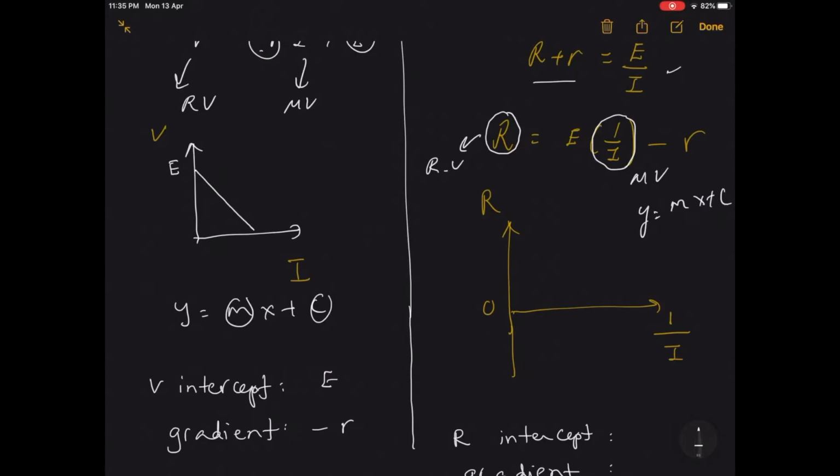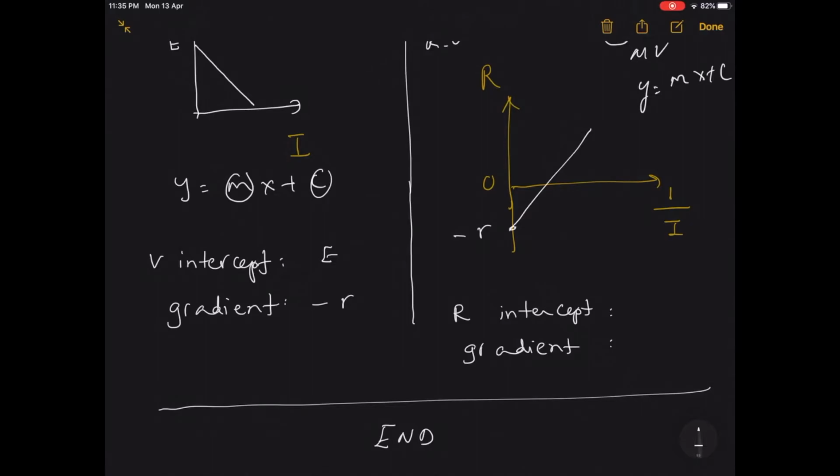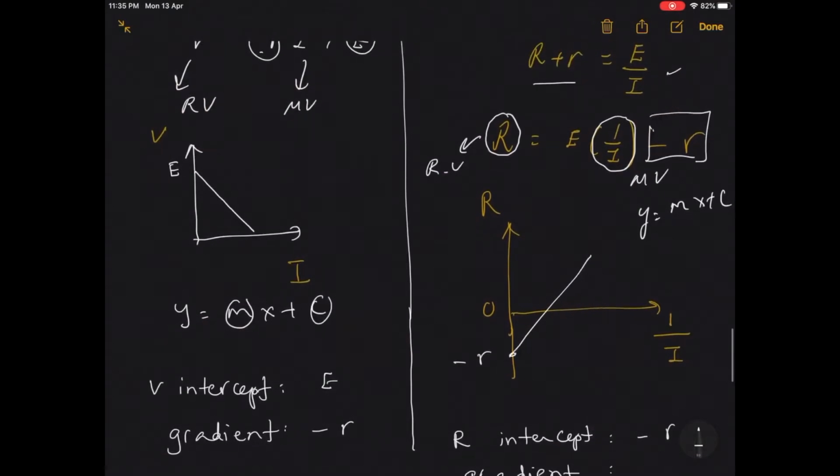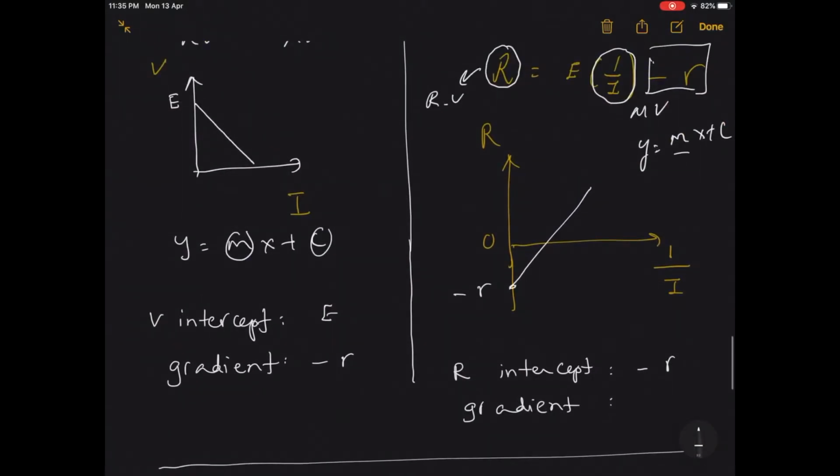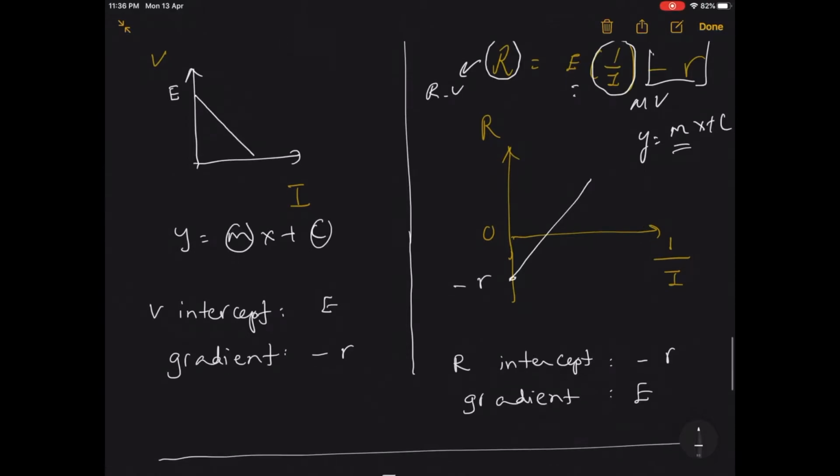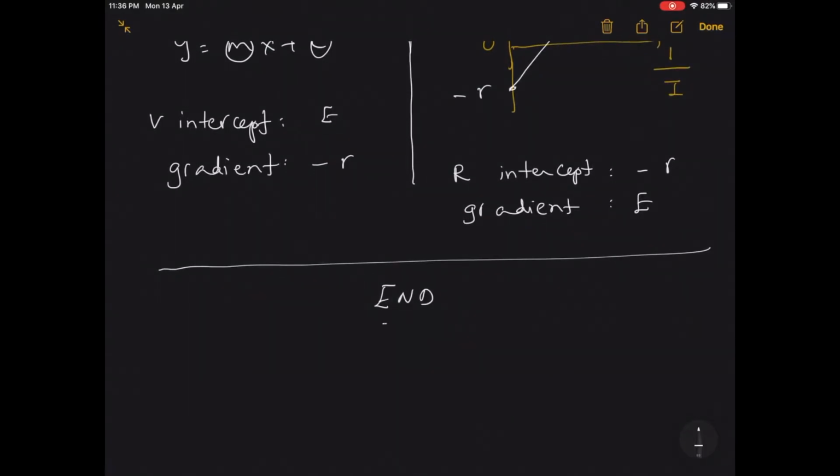But you can see your y-intercept is a negative r. So you have to put it here. And the gradient is positive. So from here, the R-intercept is minus r, but your gradient, m, is actually the EMF. Okay, so in terms of theory, this is the end of it.